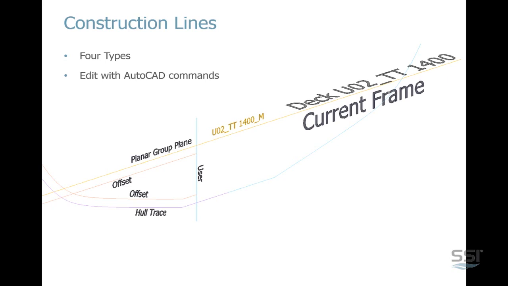So if I have a plate that goes up to that deck and is intended to be welded to that deck, when I move that deck up, my plate will expand upward with it, and any of the features related to it from offsets will also move up as well. This is a really strong feature of ShipConstructor's associative and parametric modeling.